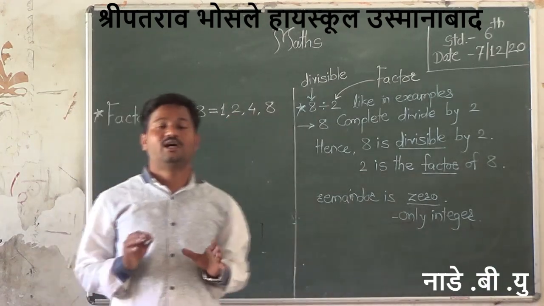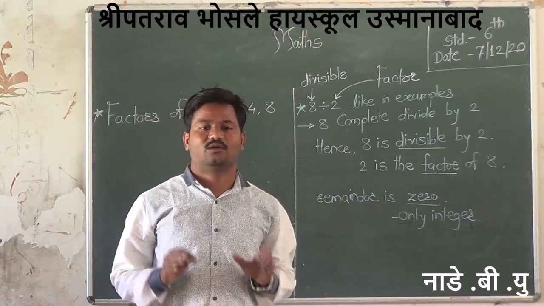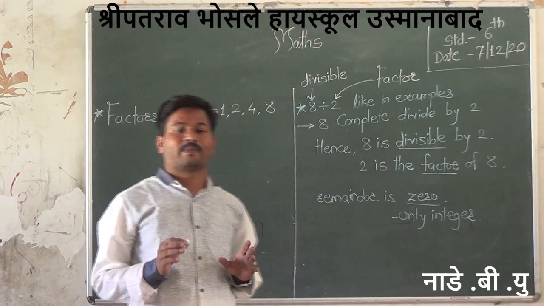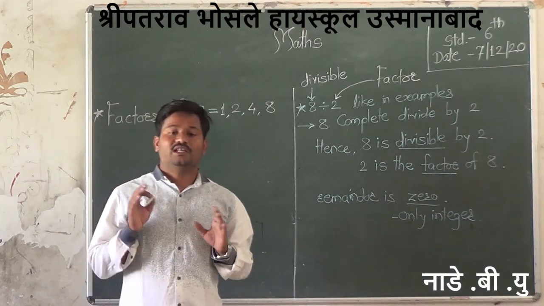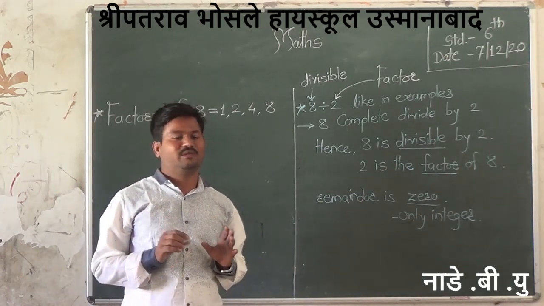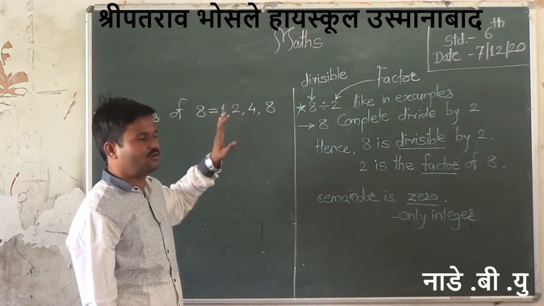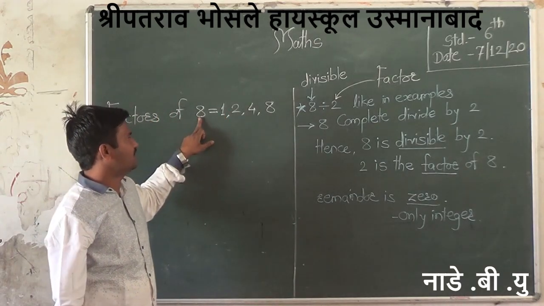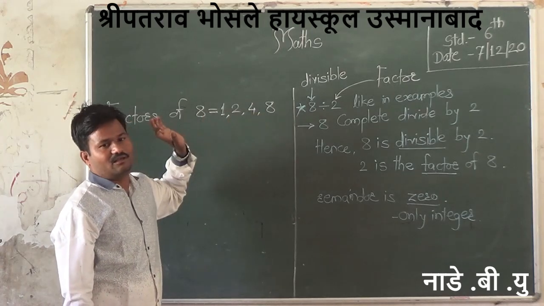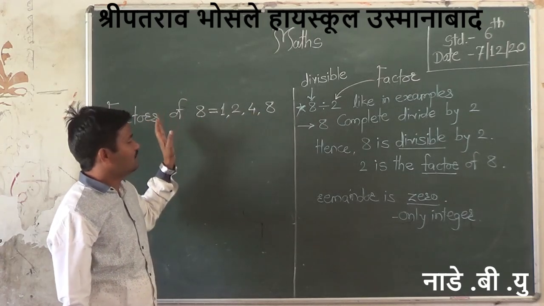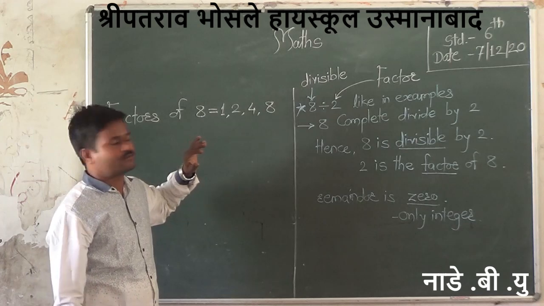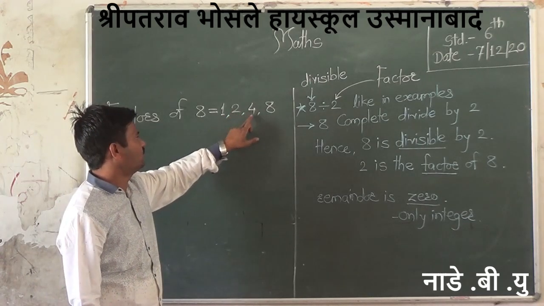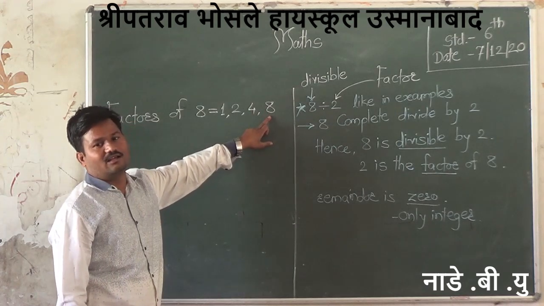How do I identify the factors of a certain number? One easy method: the factors of a number are the tables in which the number comes. 8 comes in the tables of 1, 2, 4 and 8.